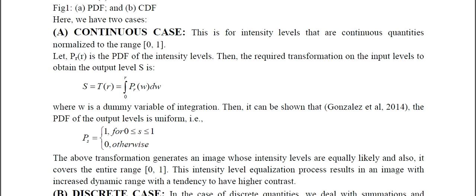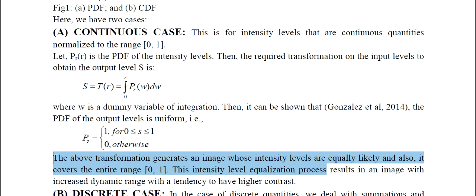The transformation generates an image whose intensity levels are equally likely and cover the entire range. This results in an image with increased dynamic range and a tendency to have higher contrast. This is histogram equalization for the continuous case.